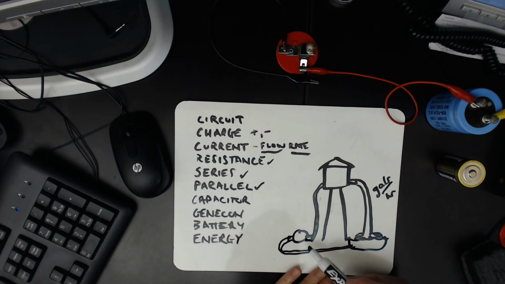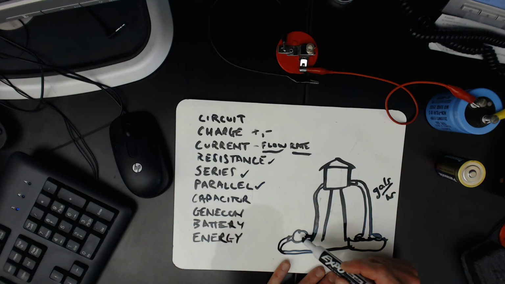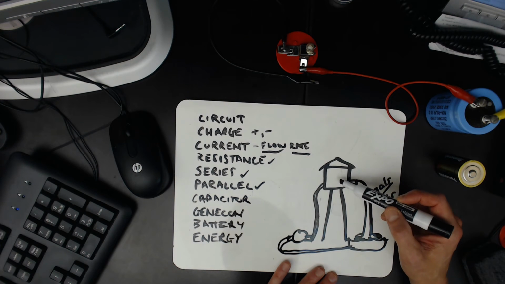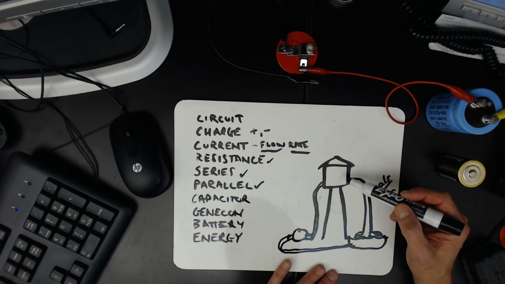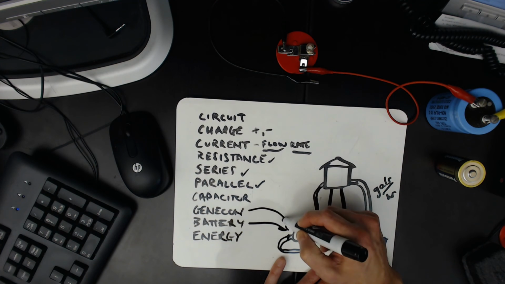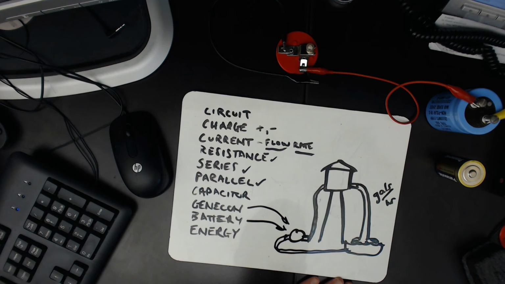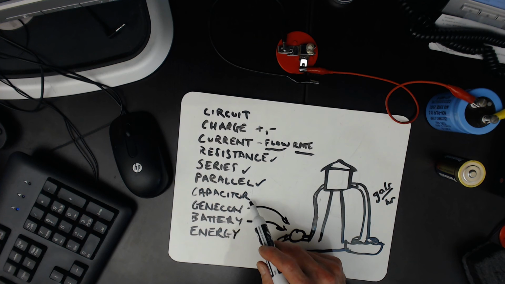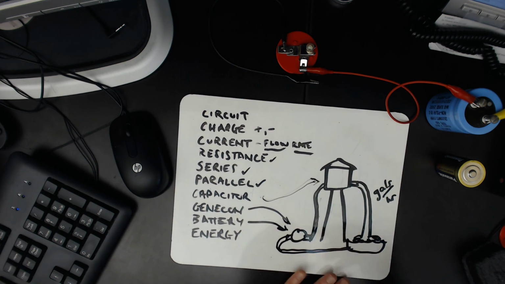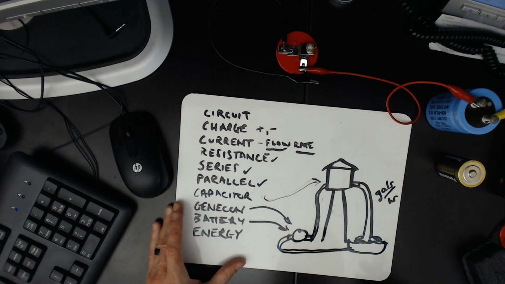And the energy would be what's pushing this up through here and lifting it back up again into this water tower, right? That would be the energy. So this pump would be like the battery or the Genicon. That would be the pump, okay? And I suppose if you wanted, you could say that the capacitor would be analogous to the water tower in this case also, because it is in a sense storing that energy. All right, just ask me any questions if you've got them.